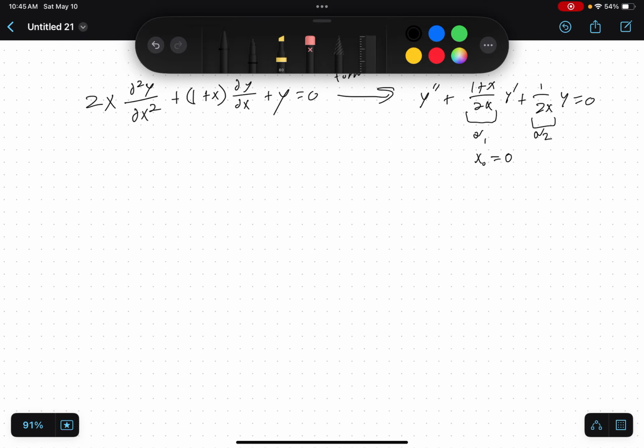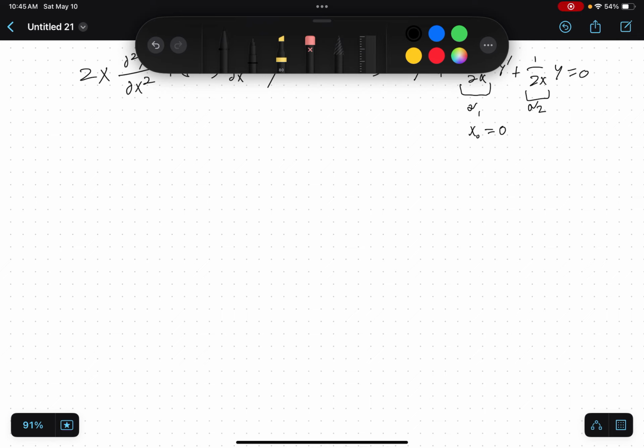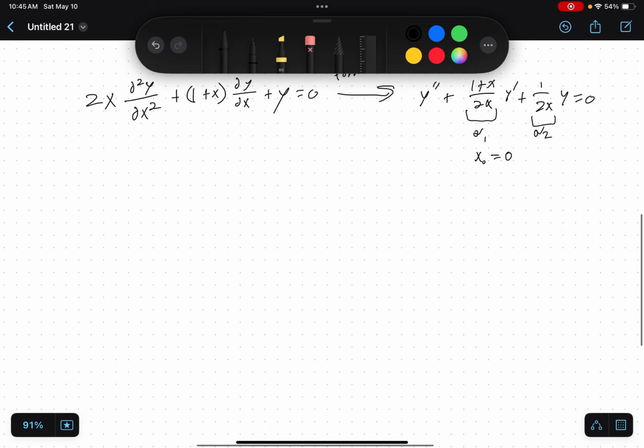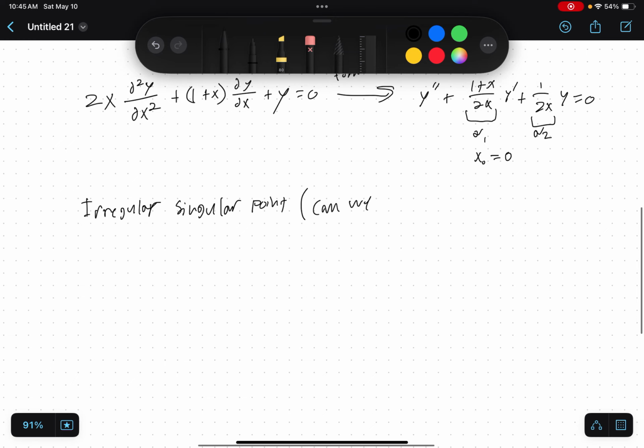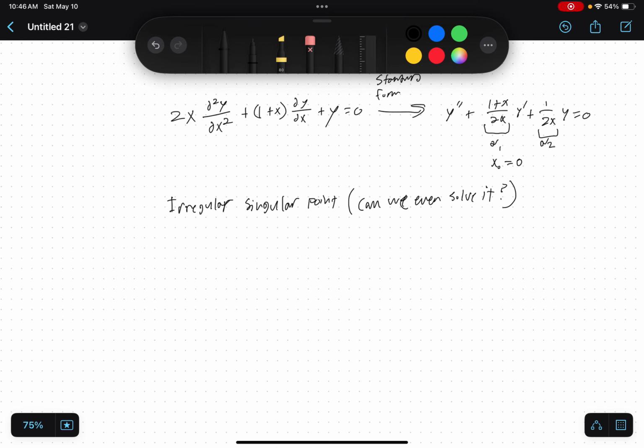Okay. So step one, let's see if this is an irregular singular point. Basically, can we even solve it?